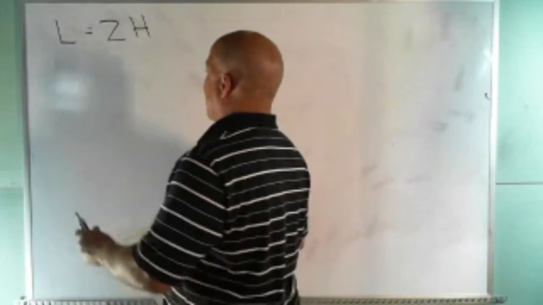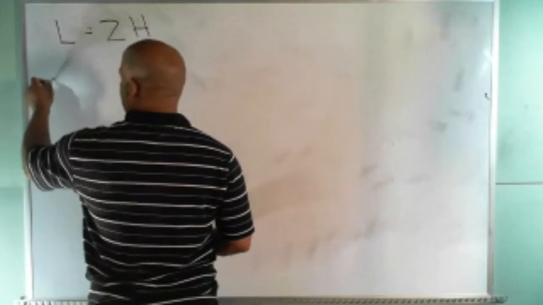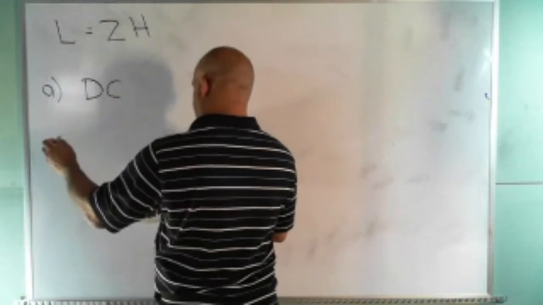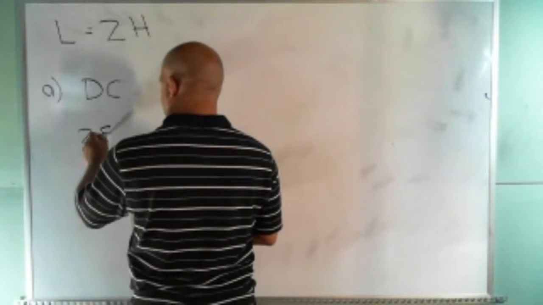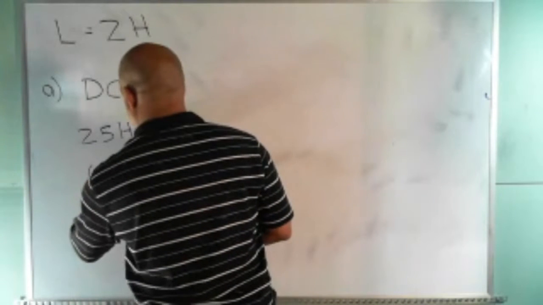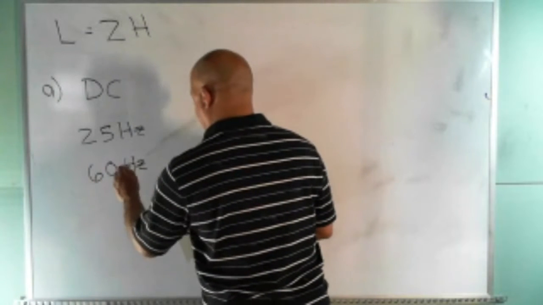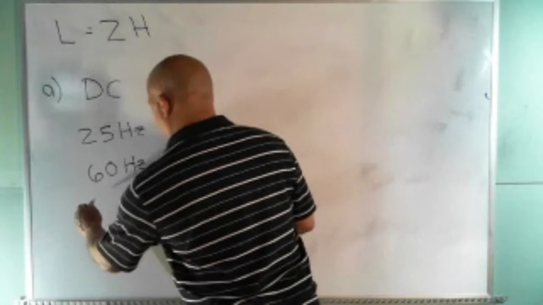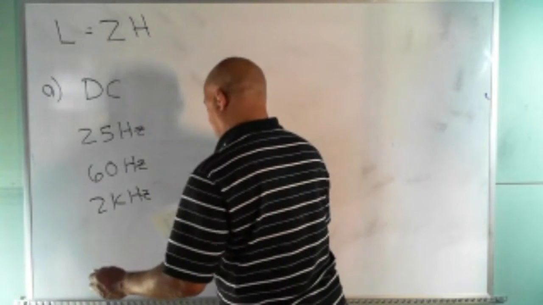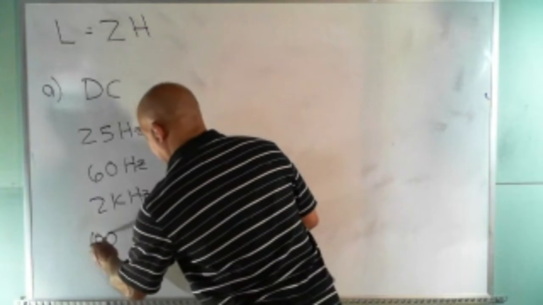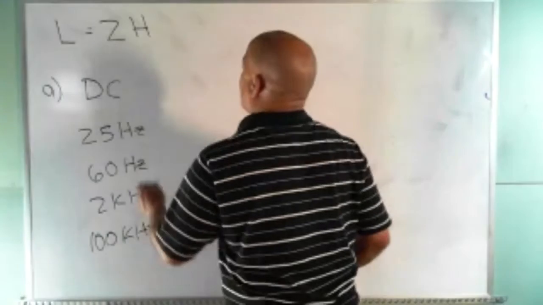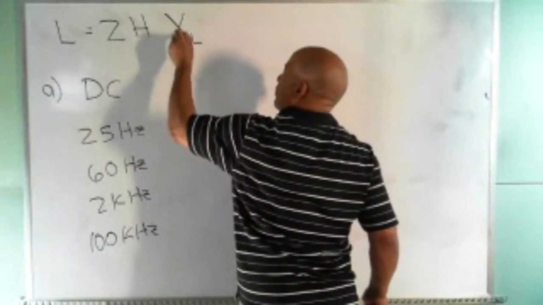And they give you these frequencies: DC, 25 hertz, 60 hertz, 2 kilohertz, and 100 kilohertz. And they want you to find XL for this.